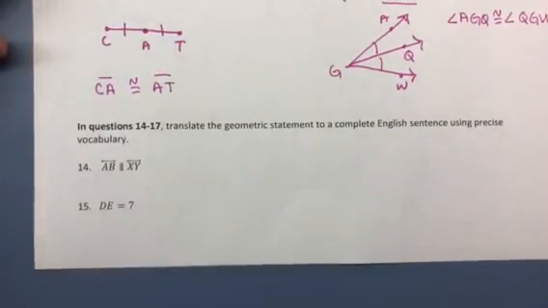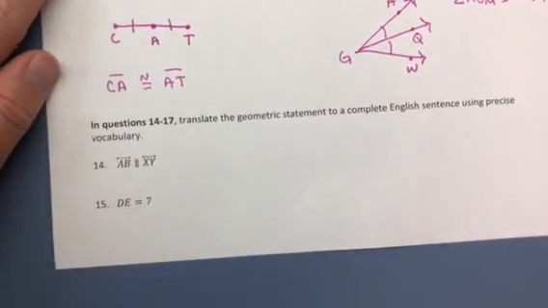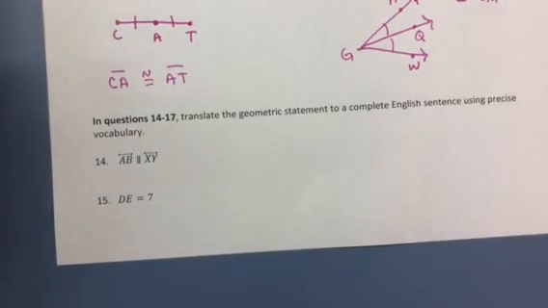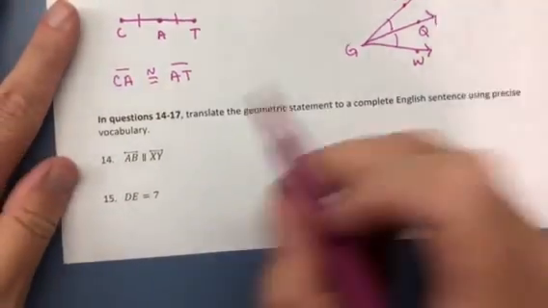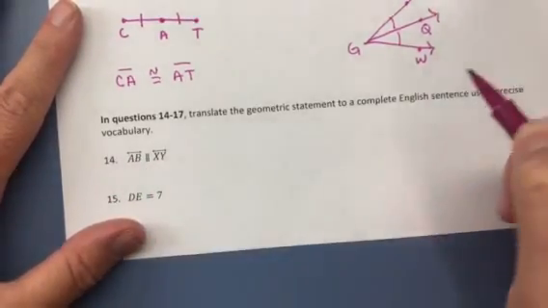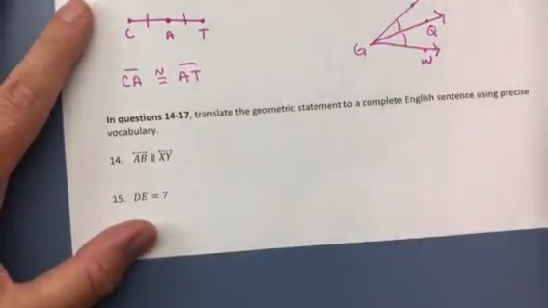All right, moving on. These two questions, and this is actually continued in the next video on the next page, 14 through 17. We're going to translate this geometric statement to a complete English sentence. So I want a complete sentence here. If I look at this, this is line AB, this is the sign parallel, and this is line XY.